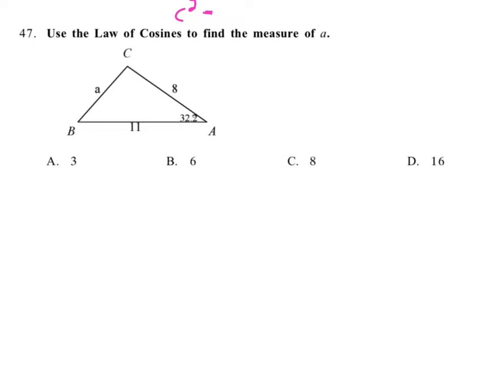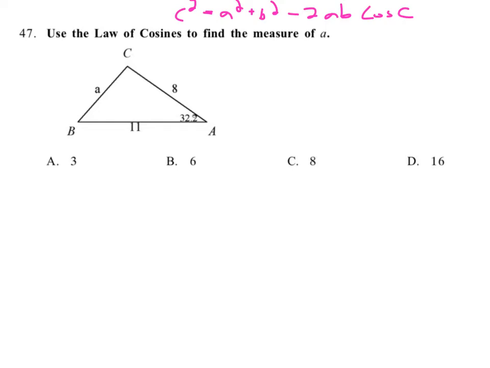So C squared equals A squared plus B squared minus 2AB cosine C.